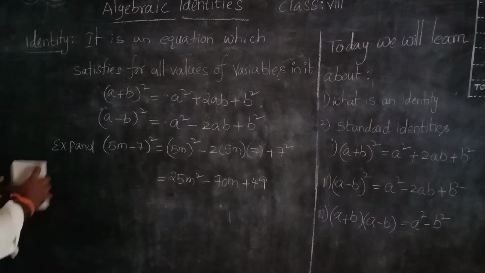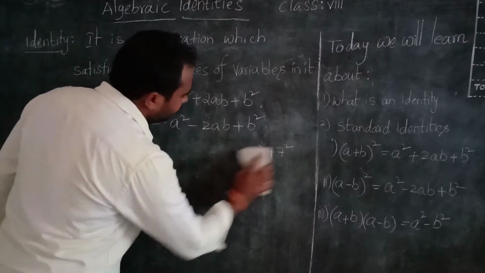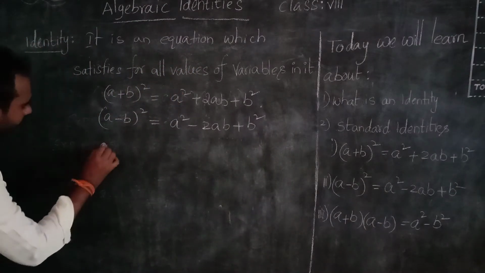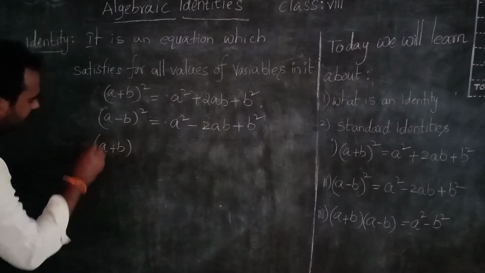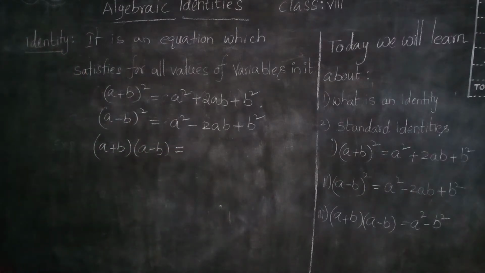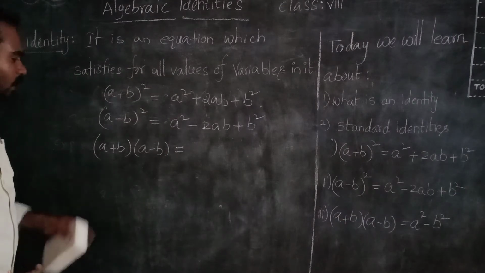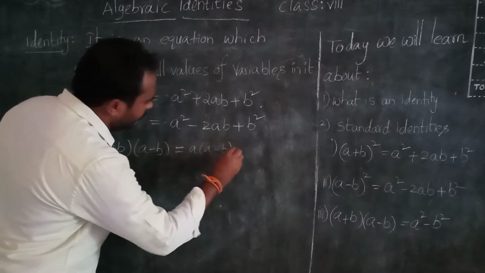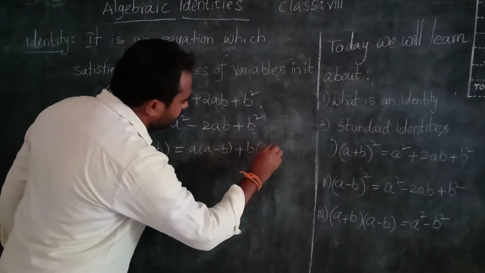Now the third identity. What is our third identity? (a plus b) into (a minus b). Here also it is general multiplication only. So a into (a minus b) plus b into (a minus b).